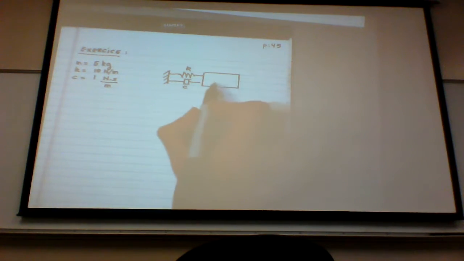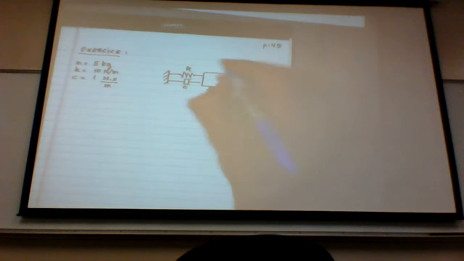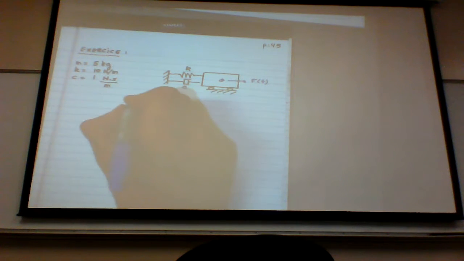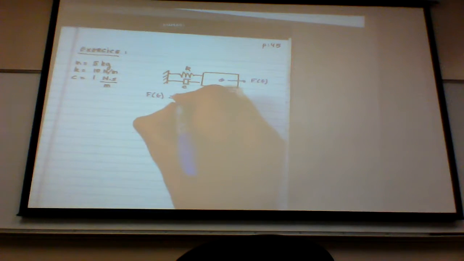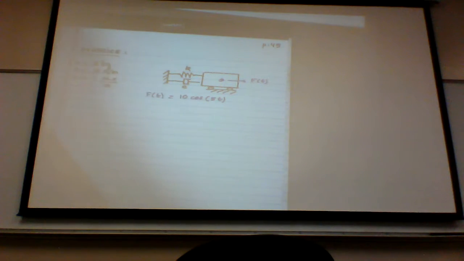And F of t, where f of t is equal to 10 cosine 5t.